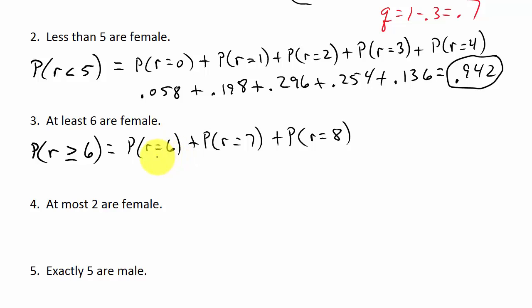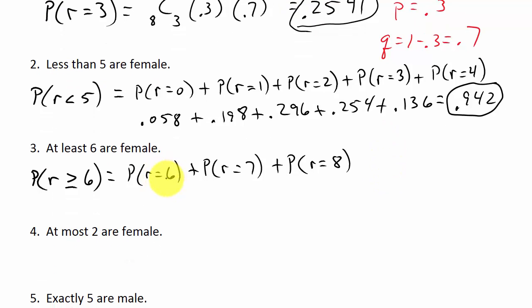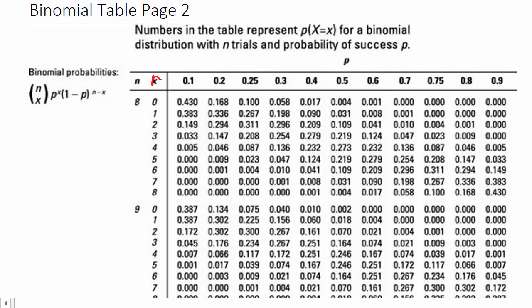All right, so now we'll go to the table and look these up. Okay, remember, n is 8, p is 0.3, and we have to look them up for r equals 6, 7, and 8. All right.